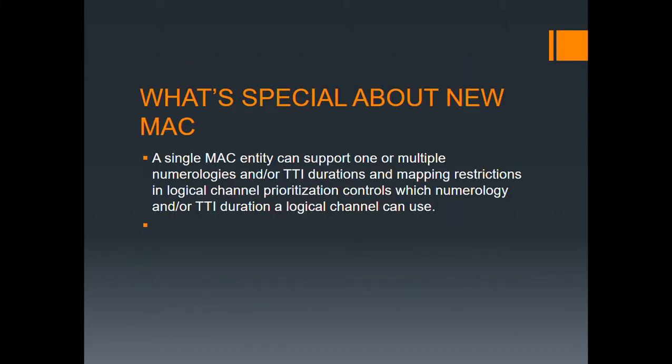What is special about the new MAC, if you might want to know, is a single MAC entity can support one or multiple numerologies. That was not the case in 4G or LTE. And our TTI duration, transmission time interval, which is 1 millisecond fixed in case of LTE, is not the same in 5G.